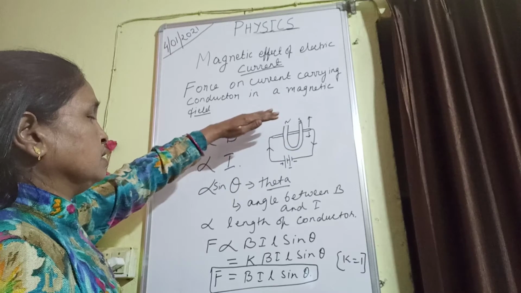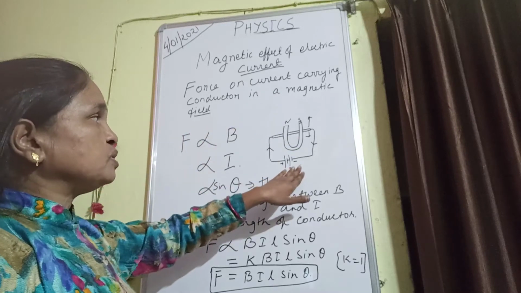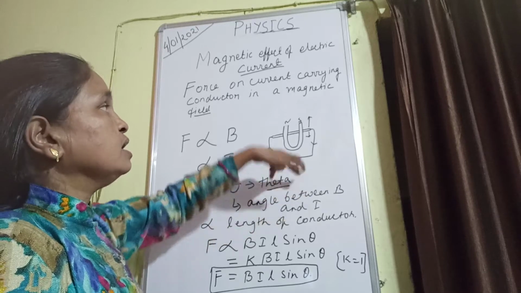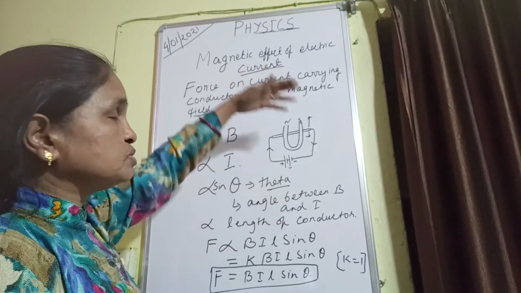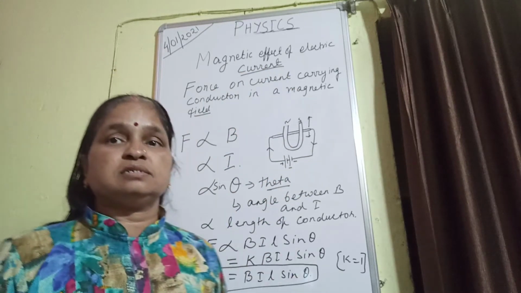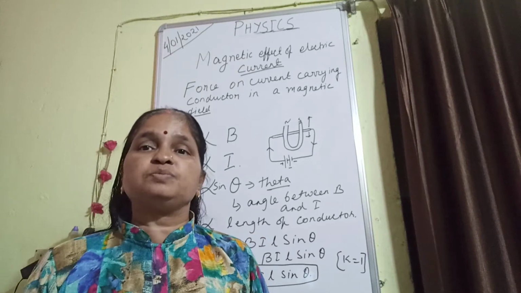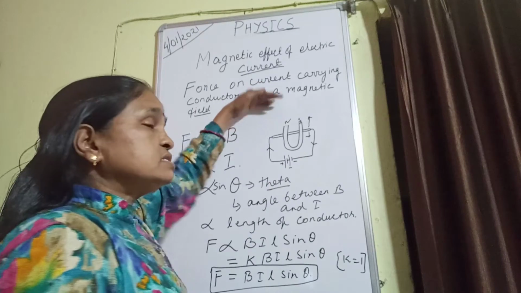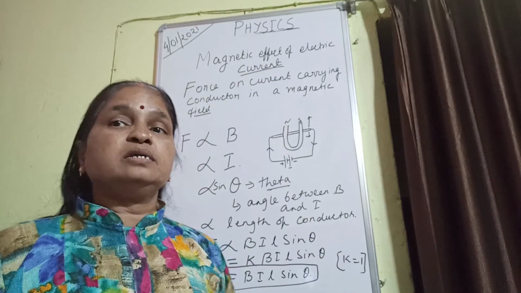Produced, and just now I told you, if we change the direction of the terminals, then the direction of this force also changes. This direction is given by Fleming's left hand rule.